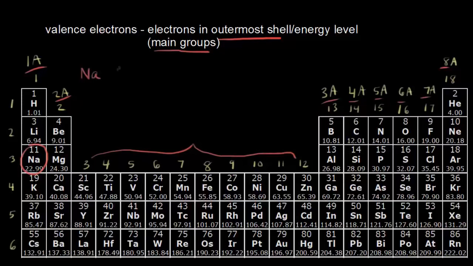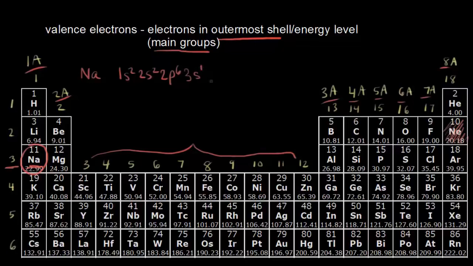You would say it is 1s2, 2s2, 2p6, and that takes you all the way over here to neon. Then that brings you to the third period or the third energy level, and you have one more electron to worry about, and that electron would go into a 3s orbital. So the full electron configuration is 1s2, 2s2, 2p6, and 3s1.